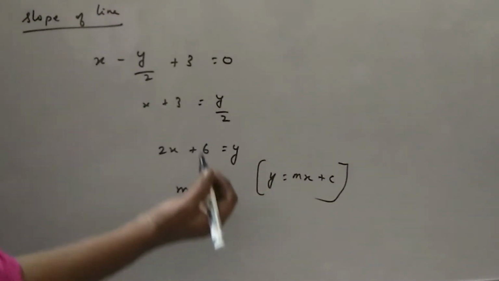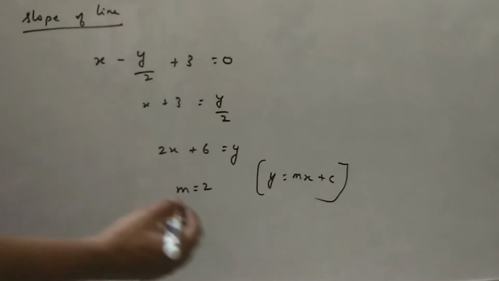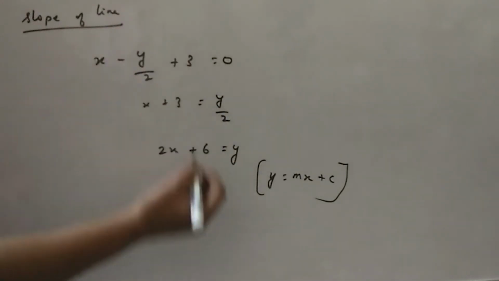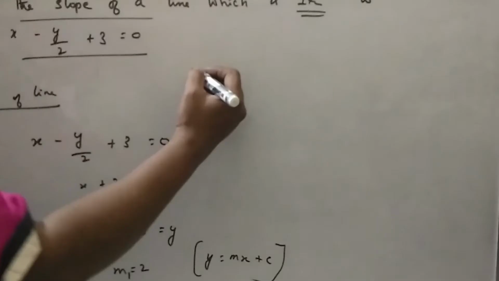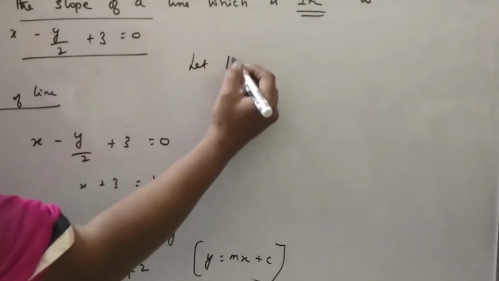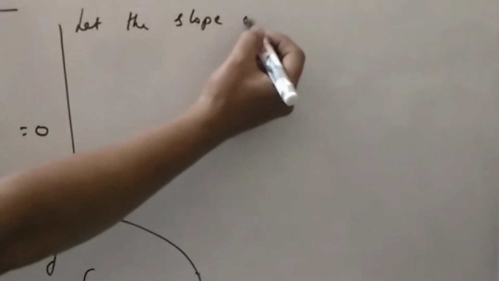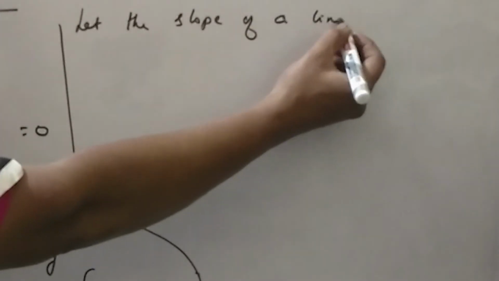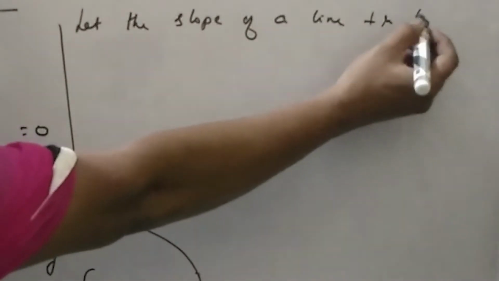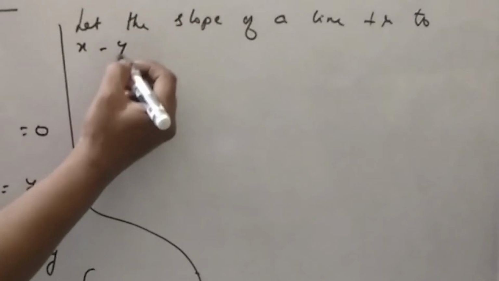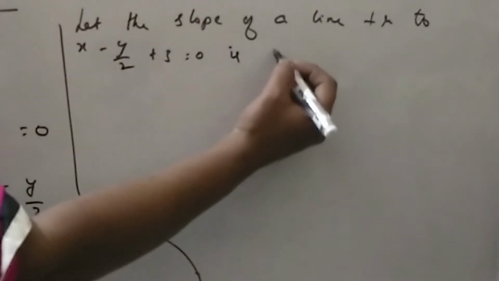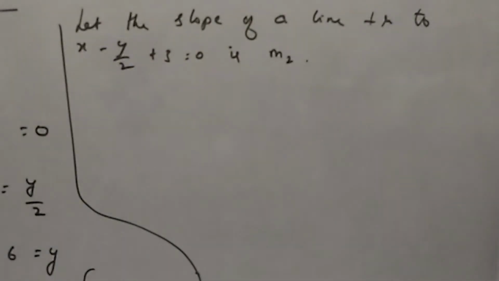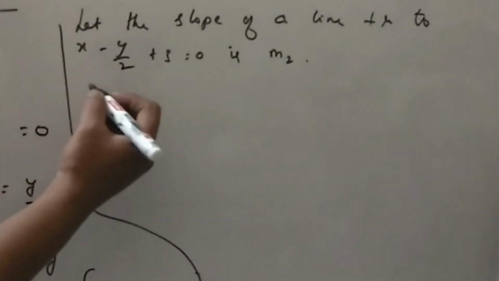Now you write, this is the slope of a line. First one we have to take as m1. Second, let the slope of a line perpendicular to x minus y upon 2 plus 3 is equal to 0 be m2.